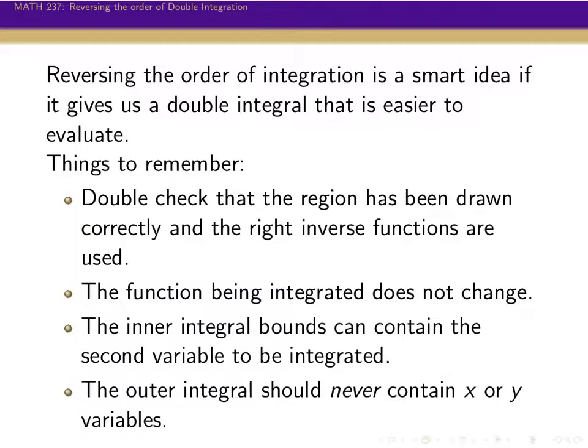But the outer integral bounds should never contain variables. The outer bounds should only be numbers. They should not have a variable in them at all, because at the end of the day, there's no such thing as indefinite double integrals. All double integrals are definite double integrals. When you do the double integral, you're going to end up with a number at the end.